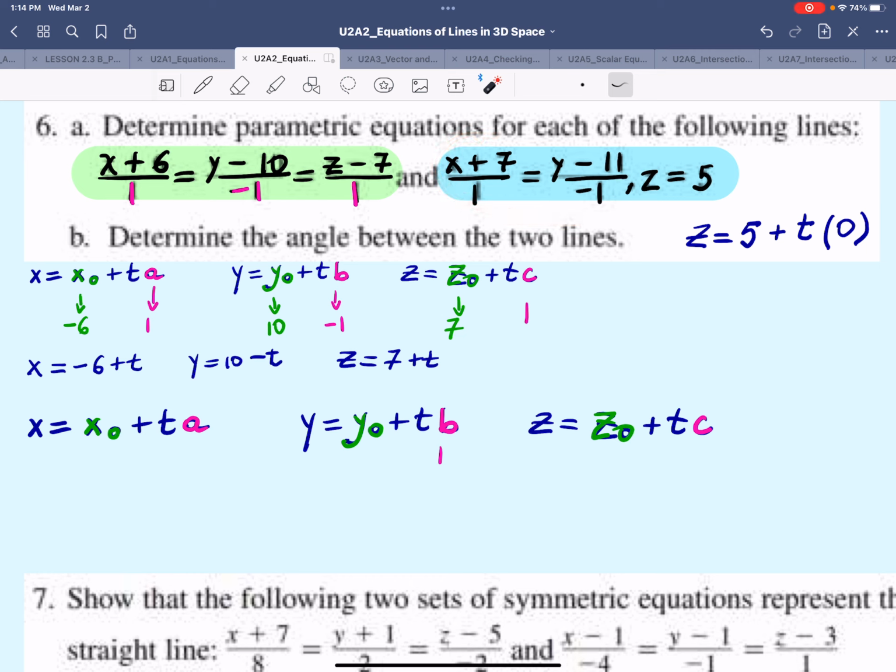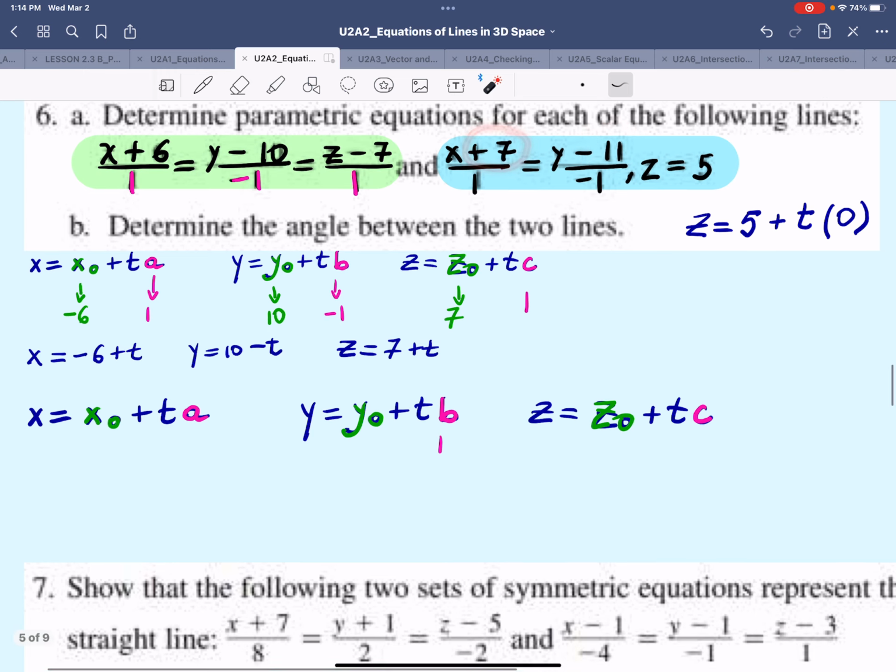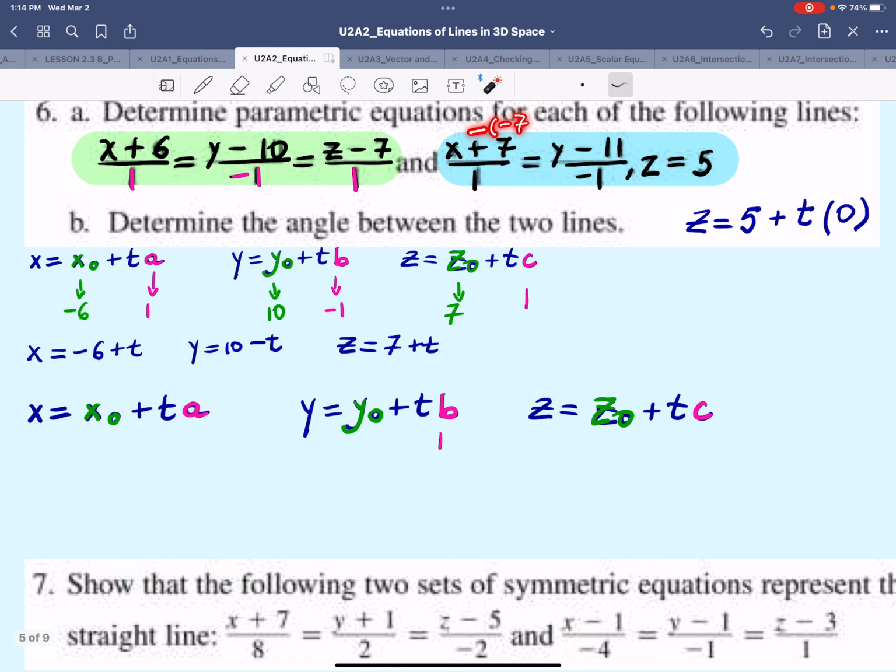We're going to identify the coordinates x0, y0, and z0. So it seems that x0 must have been -7, so minus a -7 has given a +7 here. So for the y coordinate, we have subtracted a +11, so that makes y0 11. And for z, as you can see in here, we have 5.